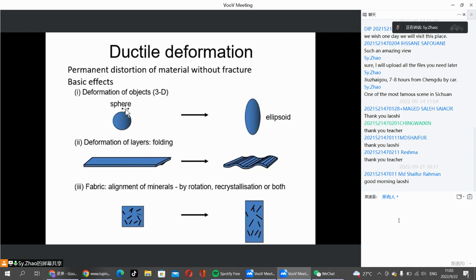For the sphere in the three-dimensional model, it can transform to an ellipsoid by compression horizontally, and if the deformation develops on a layer, it will be folded like this, and the fabric of structures will also change to some alignment pattern of minerals by rotation, recrystallization, or both with the compression stress.